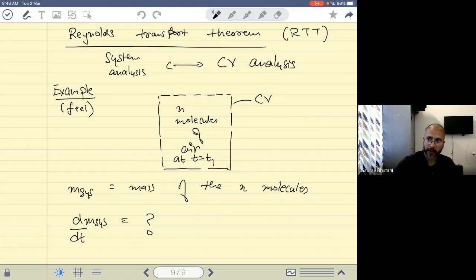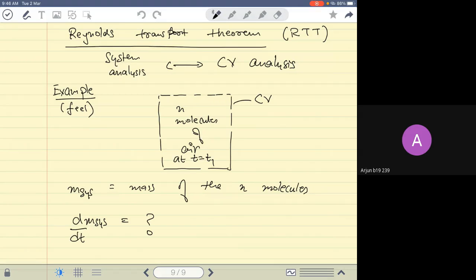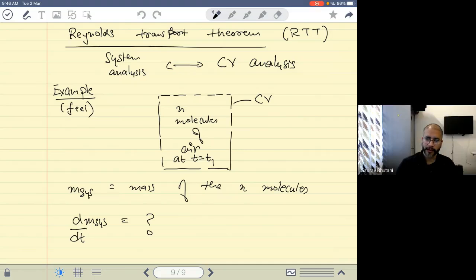Remember, the system is defined using these n molecules. So at all times, the system still is these n molecules. Sir, 0. Exactly. The rate of change of the mass of the system is 0, because the system is always these n molecules. So the mass of the system will always be the same. So it is 0.